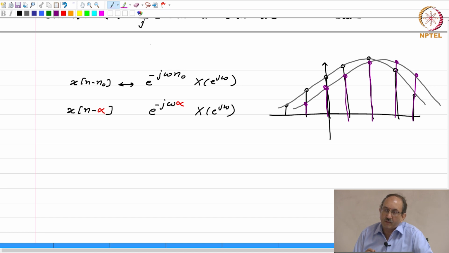You are shifting it by say 2.5 samples and then resampling it. So you will get the newly marked samples. You can interpret these new samples as taking the old ones and shifting them by a fractional amount. So this delay property helps you bring in the notion of fractional shift, because e to the minus j omega n naught need not necessarily be an integer.